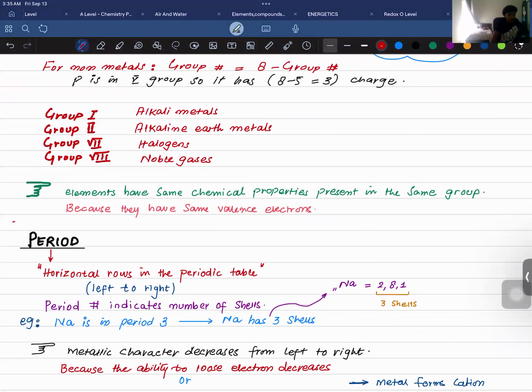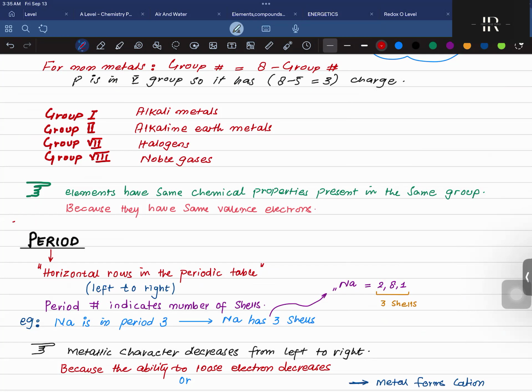We give special consideration to those groups. The first one is called alkali metals, then alkaline earth metals, then we have halogens, then noble gases. These are the special groups. We would be discussing them one by one.